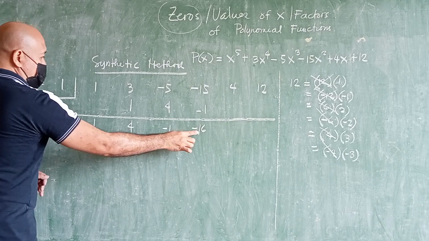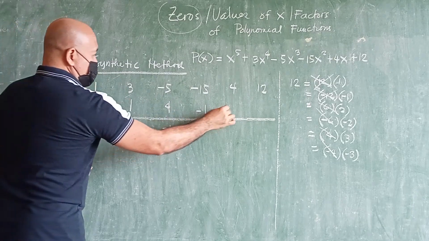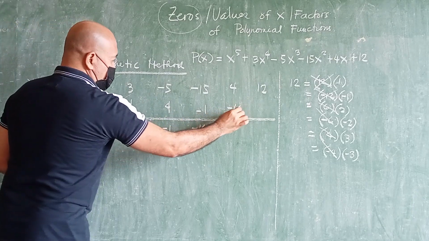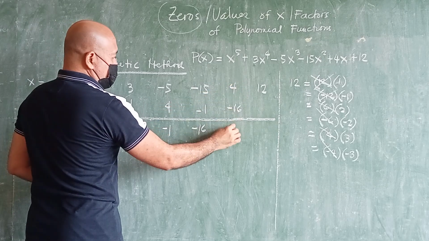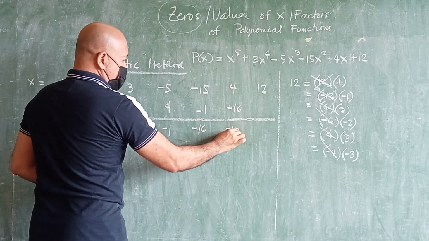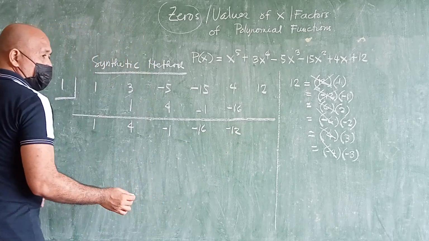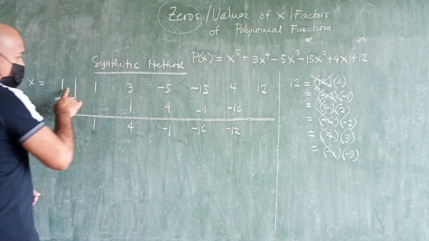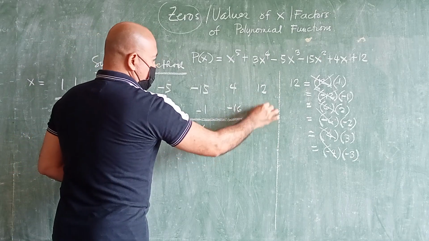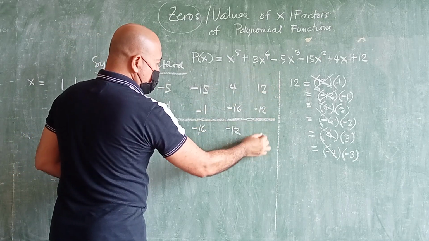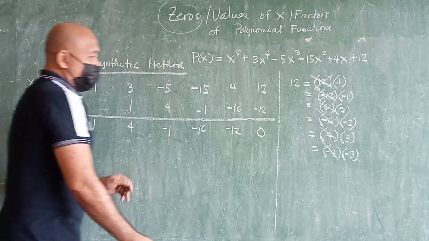And then multiply negative 16 and 1. The result is negative 16. And then add positive 4 and negative 16. The result is negative 12. And then negative 12 times positive 1. The result is negative 12. And then add the last part, so the result is 0.